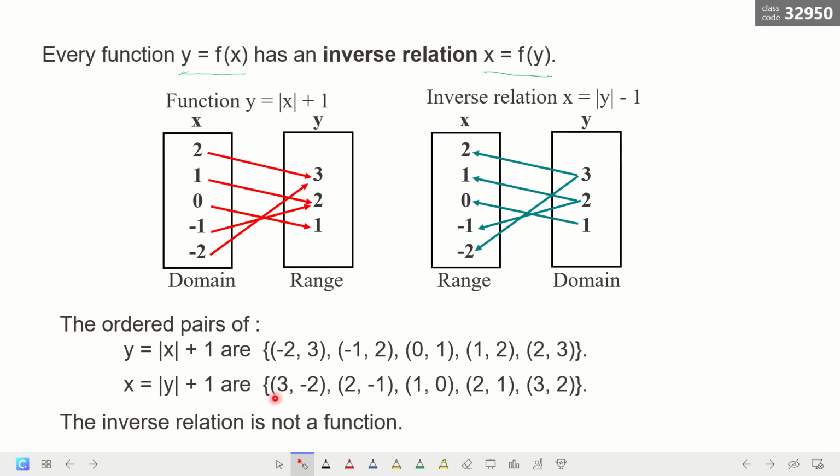So kung titignan natin, ito yung inverse, at ito na yung set of ordered pairs. Kung titignan nyo dito, meron ditong madodoble: si 3, si 3, tapos si 2 and then 2.